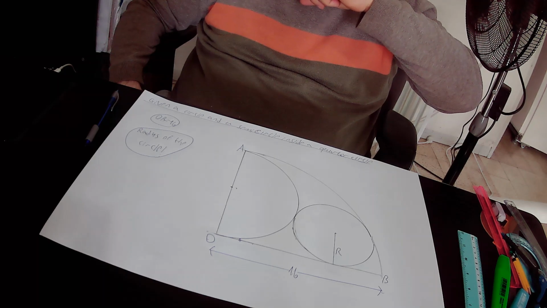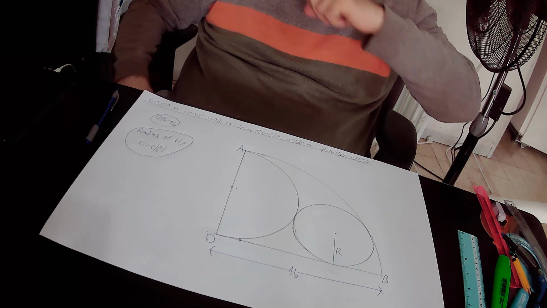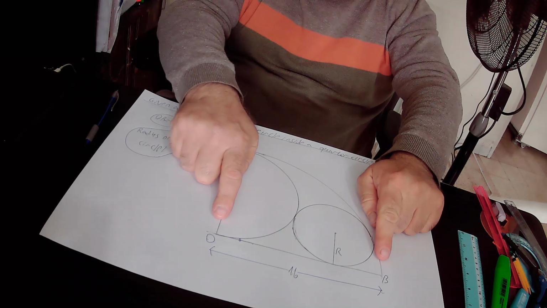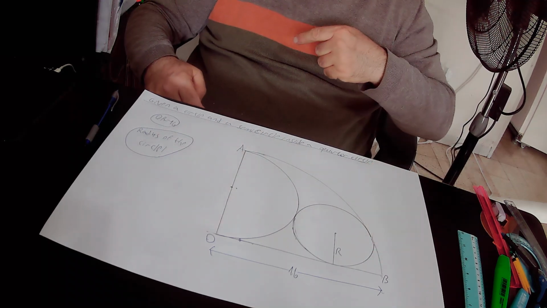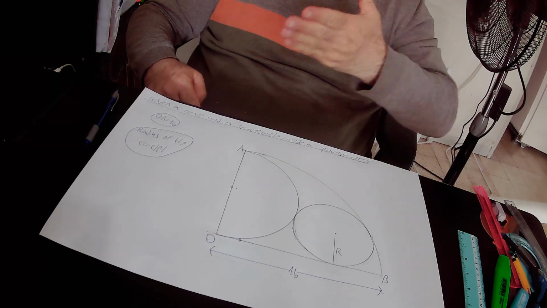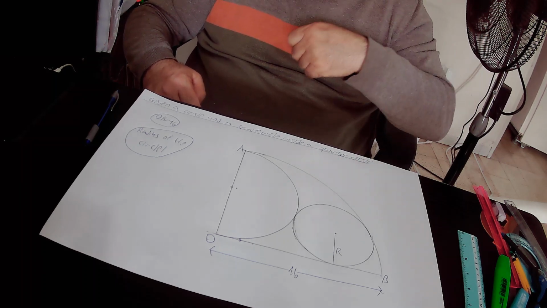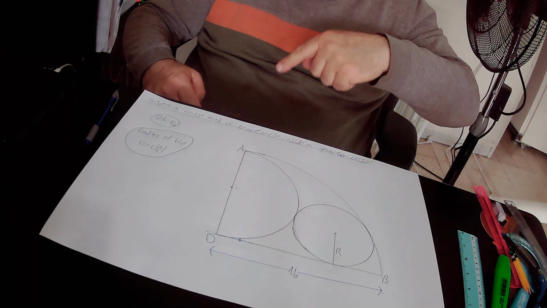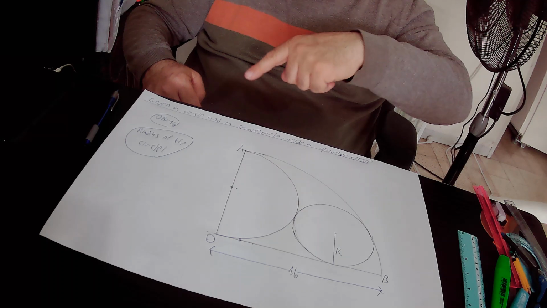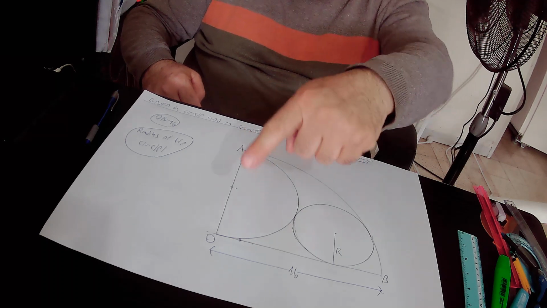In addition, we know that OB equals 16 units in its length. OB is the radius of the quarter circle, so we know that the radius of the quarter circle equals 16 units, and therefore AO is also the radius of the quarter circle, equal to 16 units in its length.